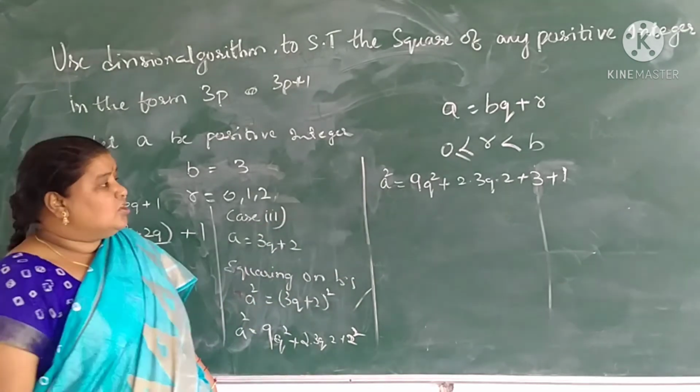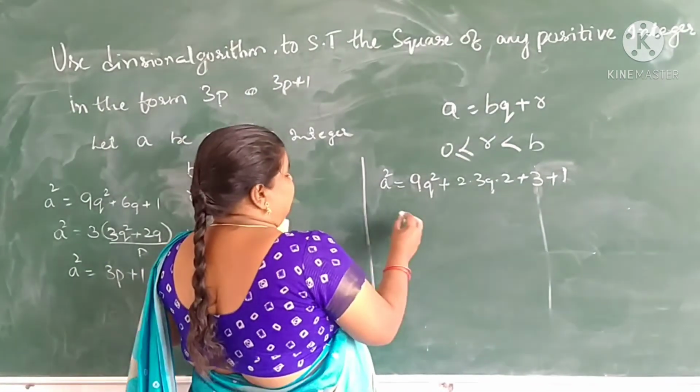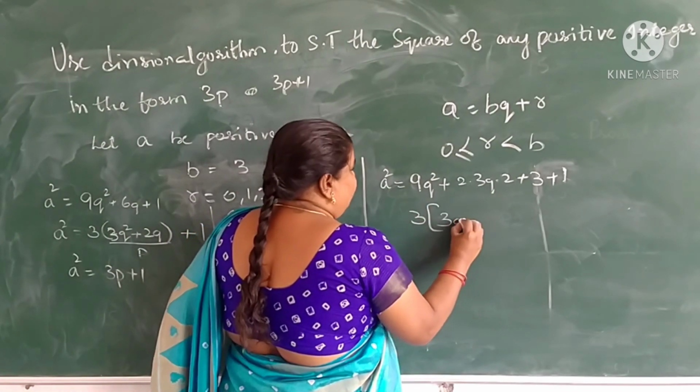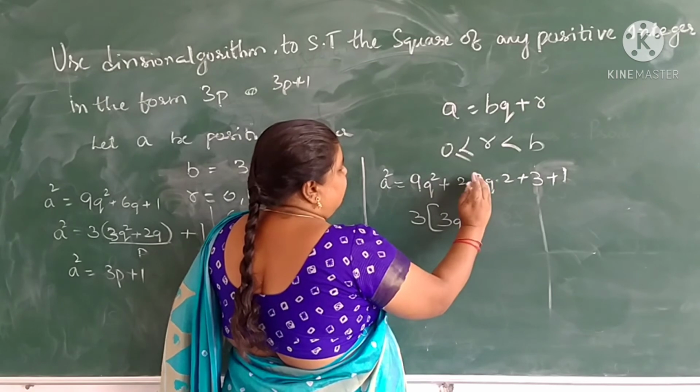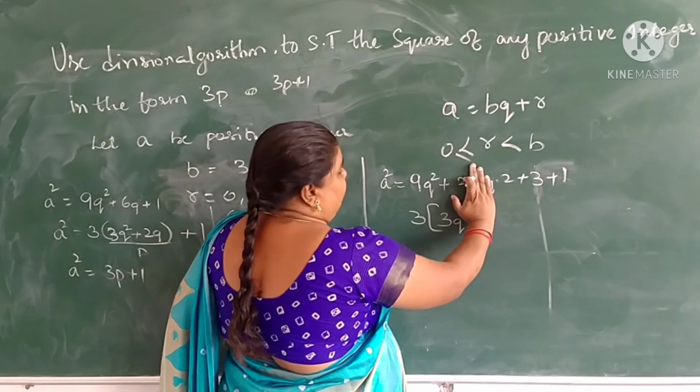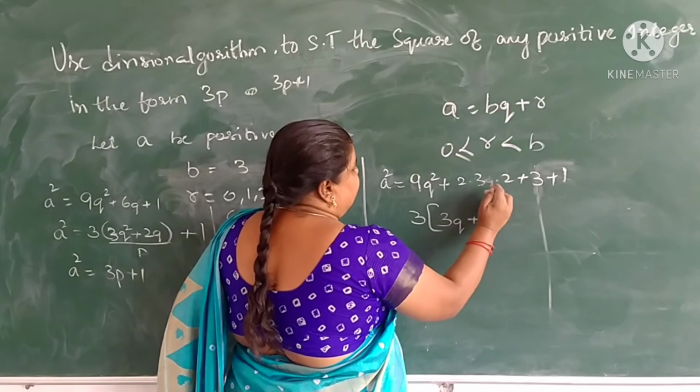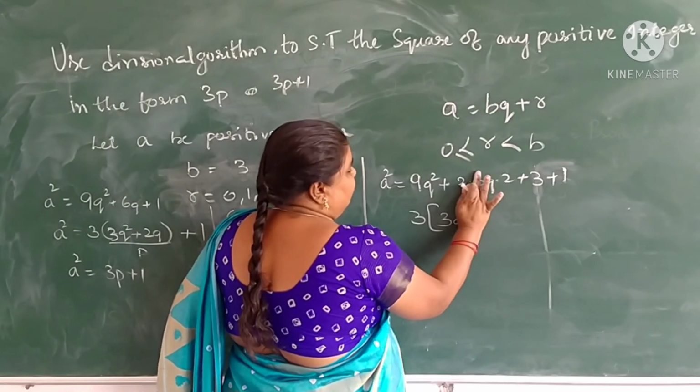So from these, we can take 3 common. Whenever you are taking out 3 common, the remaining will be: 3 3s are 9, so 3q square; then 2 into 2 into 3q, taking 3 common leaves 4q. Only 3 we are going to take common.